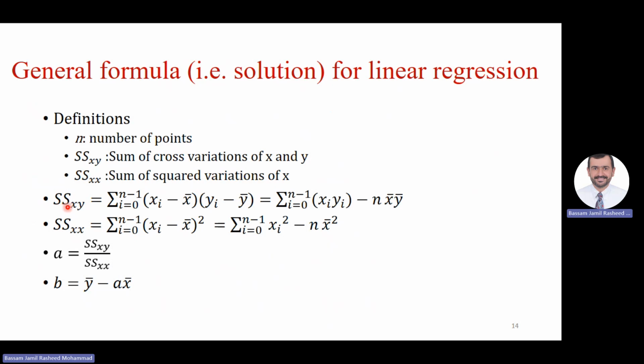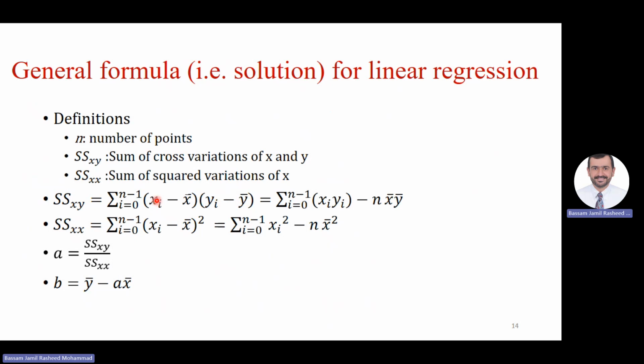The sum of cross variation of x and y is computed by multiplying the x coordinate times the y coordinate after subtracting the averages. You compute the average for all the x coordinates and the average for all the y coordinates, and you take them out of the data.